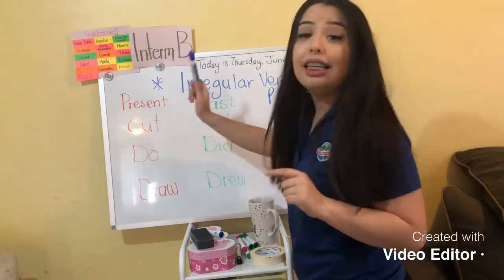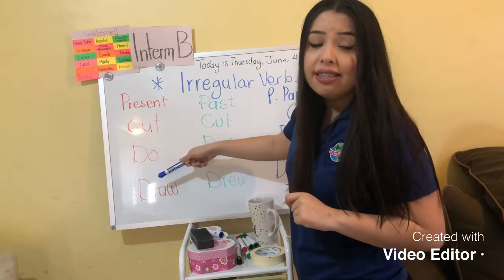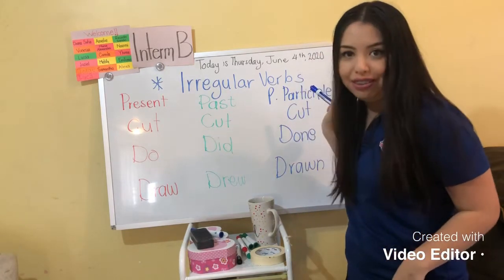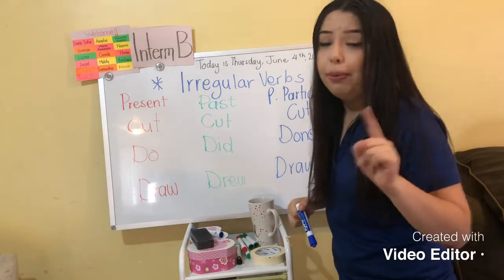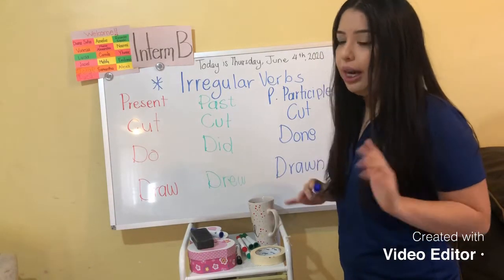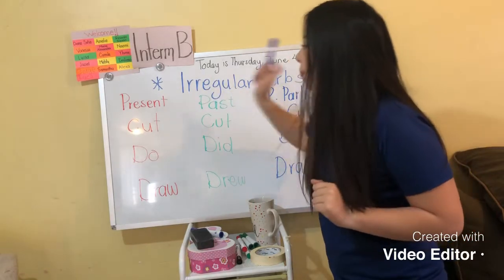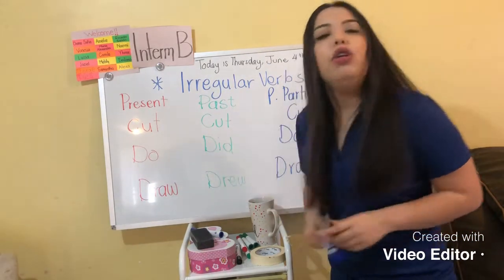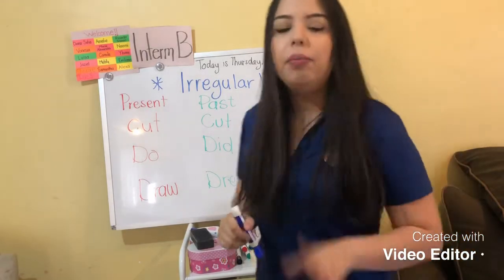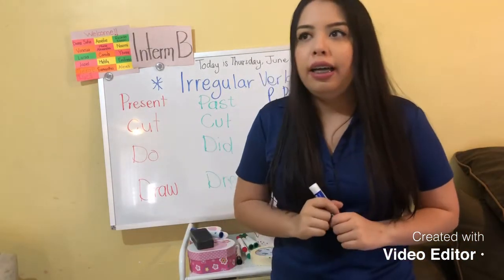The present is do, the past is did, and the past participle, done. Okay? Remember, the irregular verbs might change, okay? In the present, draw. You know what is draw? For example, I can say, Luisa, Camila, draw a cat.